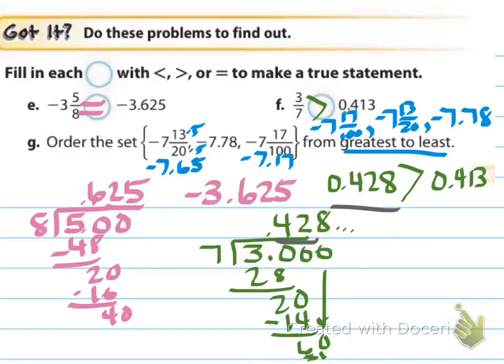So looking at my decimals, 7.78 is the biggest number, so it's the least. And so I went in that kind of order where I went from smallest to biggest, but in the opposite world, negative world, it was actually greatest to least. So negative 7 and 17/100ths, then negative 7 and 13/20ths, and then negative 7.78.